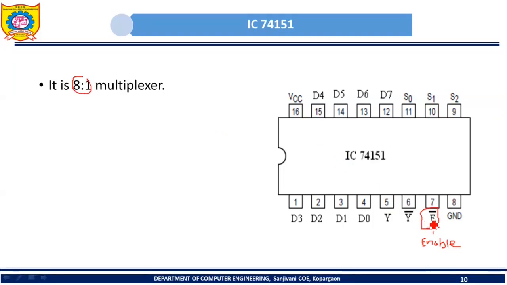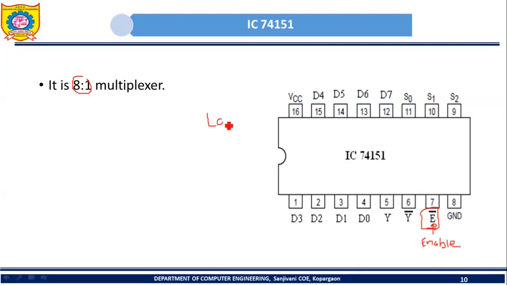Now pin number 7 is labeled as E complement. What does E bar mean? What does this complement indicate? This complement indicates that pin number 7 is an active low input. Now we have two types of pins: one is active low and the second is active high.